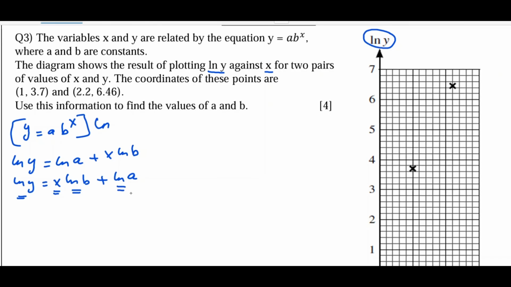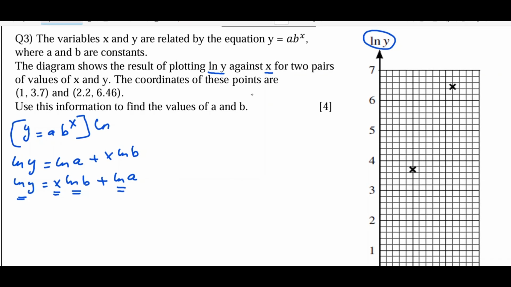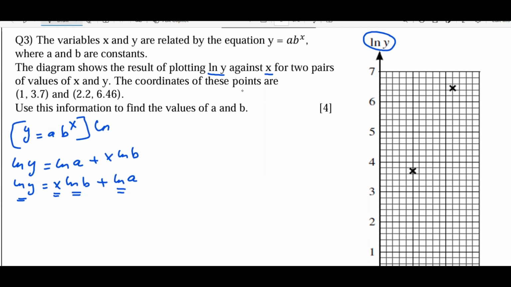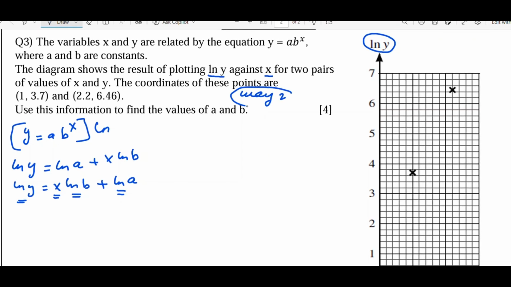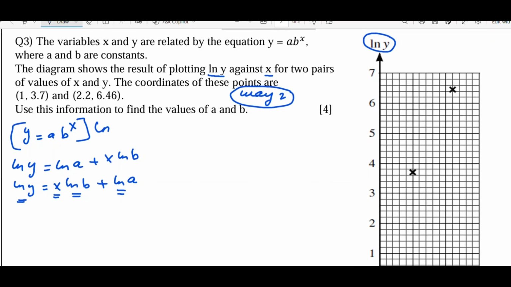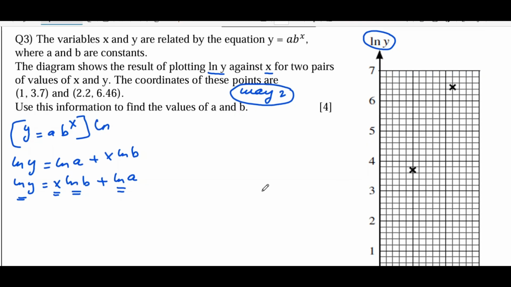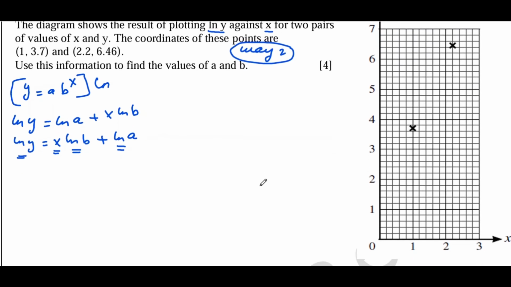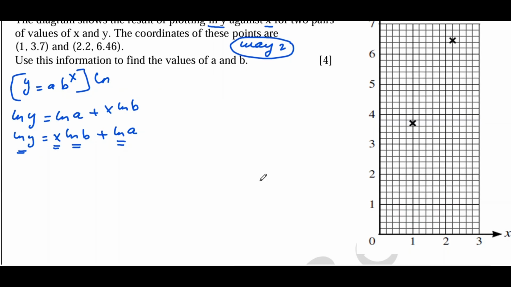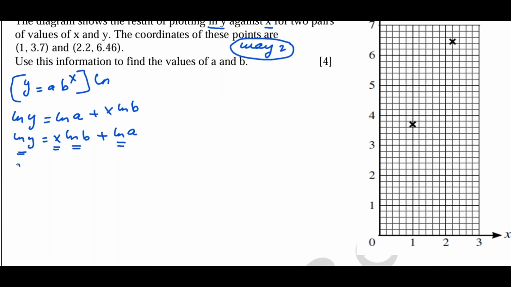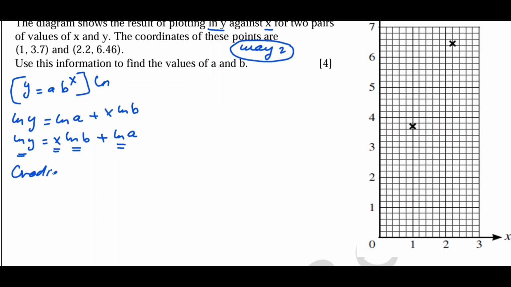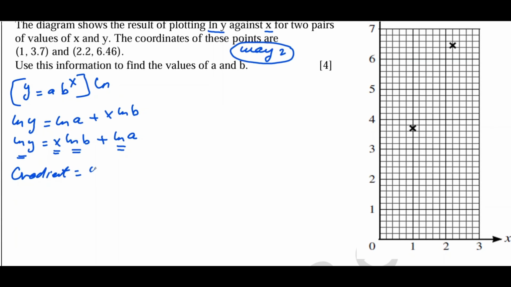Okay, way 2 depends on understanding the meaning of gradient. As you know, the linear equation consists of gradient and y-intercept. And the gradient for a line that passes through 2 points is y2 minus y1 over x2 minus x1.